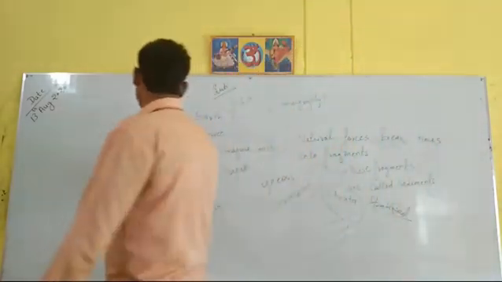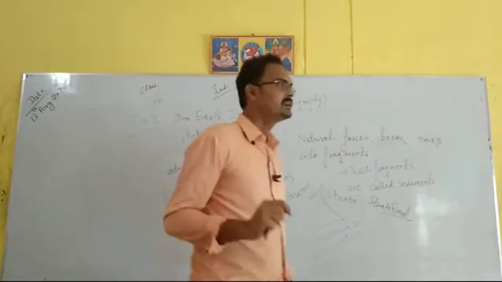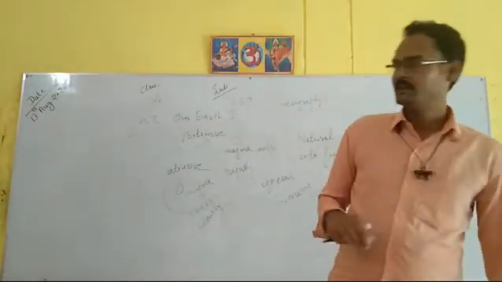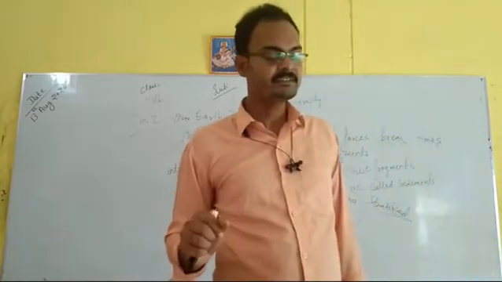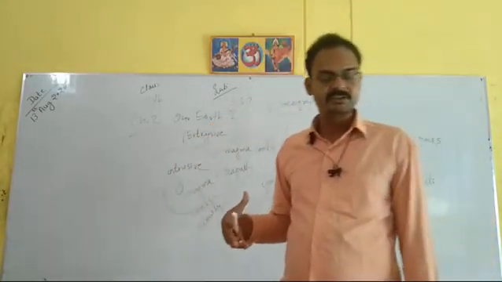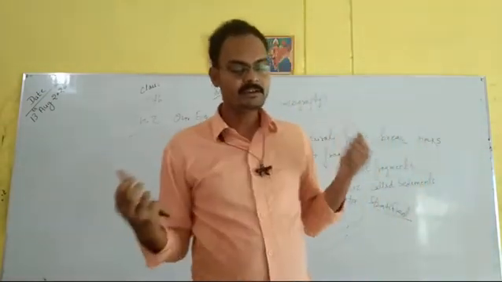So students, here we have studied two types of rocks. First was igneous, second was sedimentary. Igneous forms from the magma beneath Earth's surface, and sedimentary forms from collected sediments. And what is third? Metamorphic.